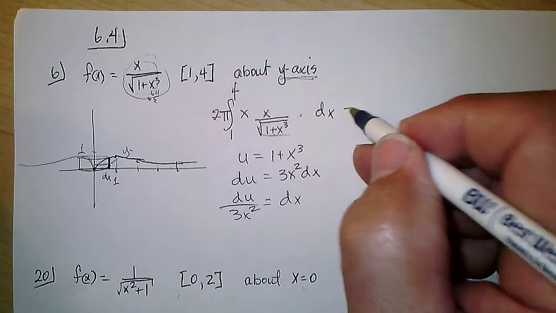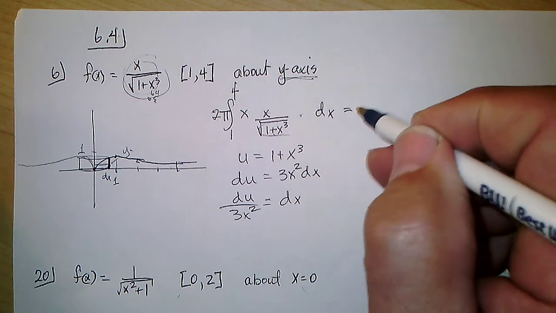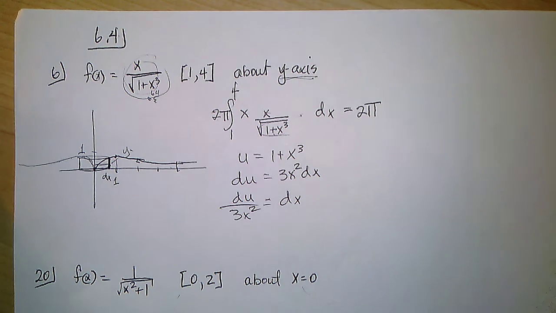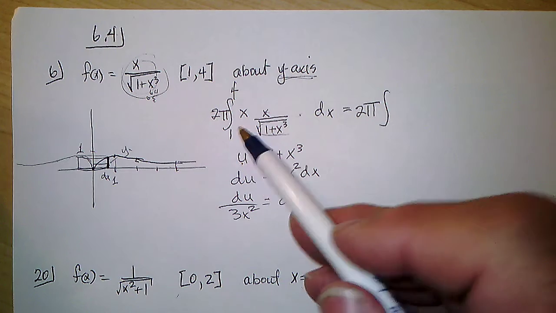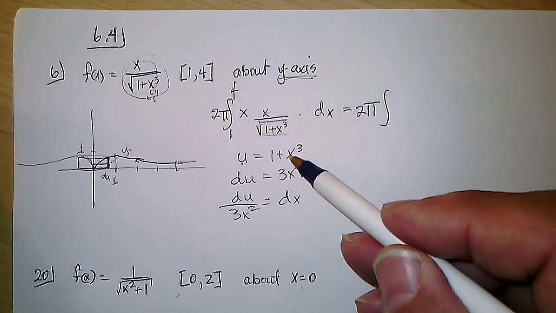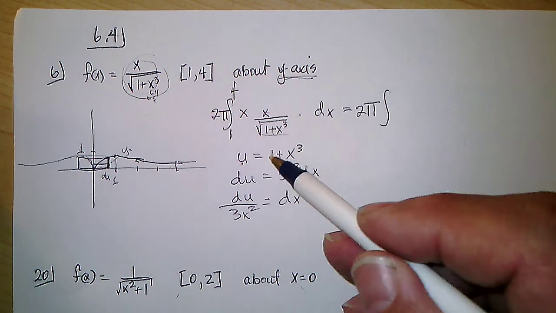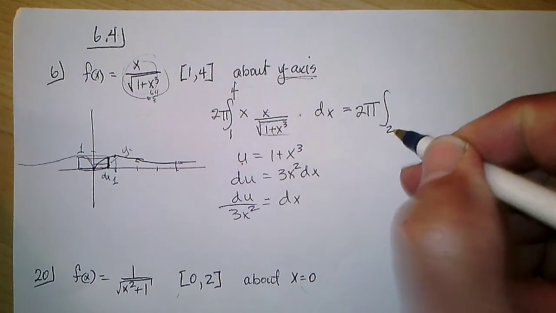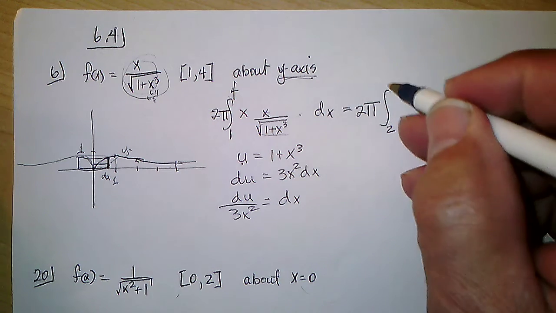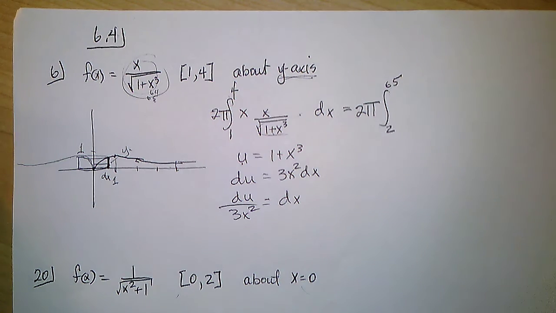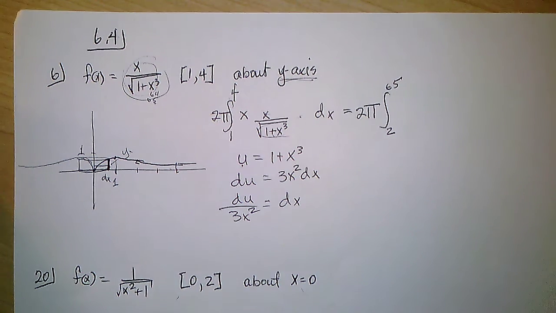So this will become 2 pi integral. I'm changing to u. If I put 1 in here, 1 plus 1 cubed, that's 2. 4 cubed is 64 plus 1, 65. That would be my new limits if I figured them out.